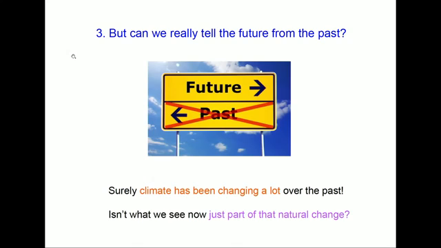Here is this other issue that is often talked about with relation to climate change. How can we tell what is natural? How can we tell what is man-made? And one way we can get some idea is to go way back into the past and have a look at how the climate has changed over millions of years. Again, you might say, how can you do that?